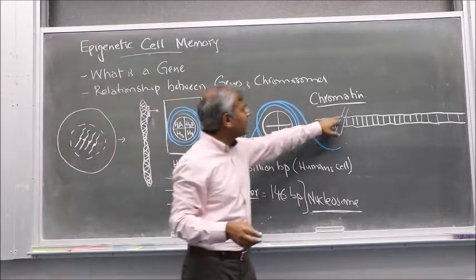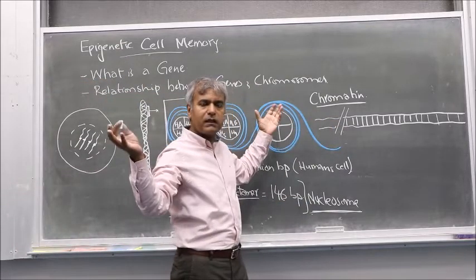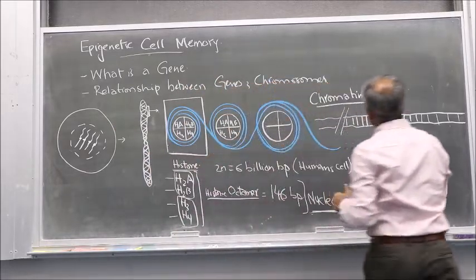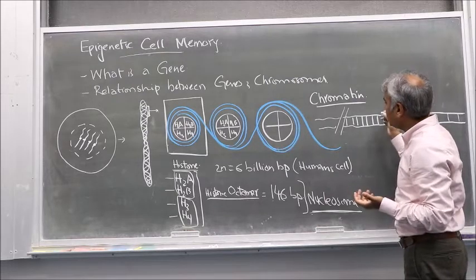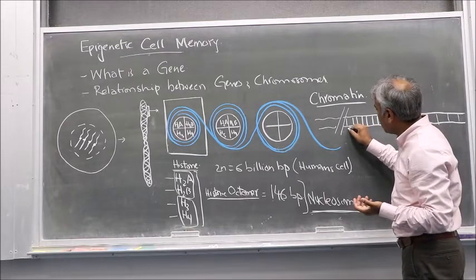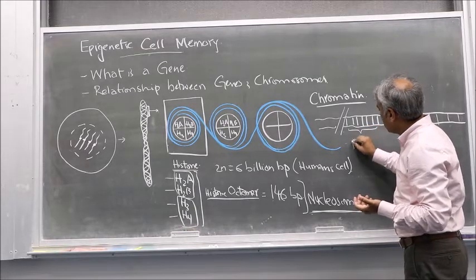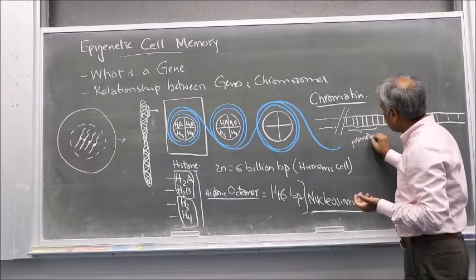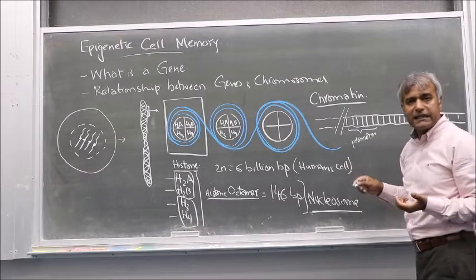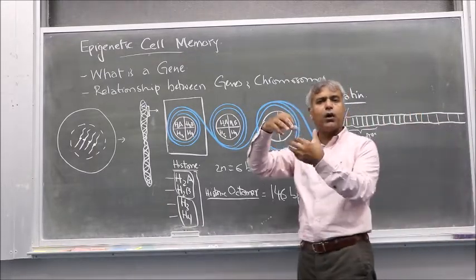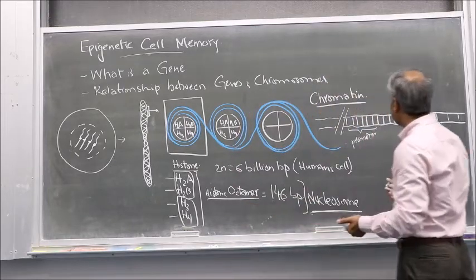There are many continuous sequences present. Now here, when we define a gene, we say it has specific DNA sequences which we call the promoter, where RNA pol2 or the polymerases bind.